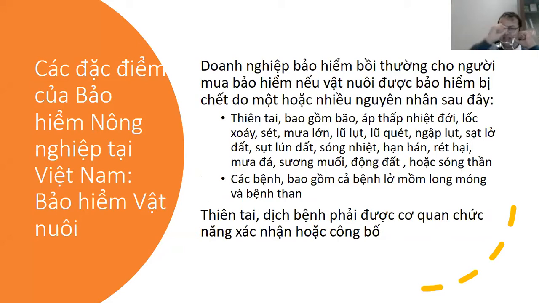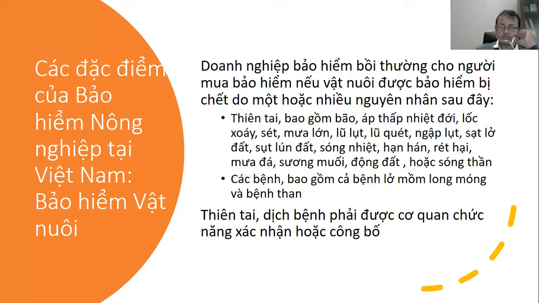So essentially, this insurance product compensates for livestock dying because of specific reasons. It's not actually covering death due to any reason, but very specific reasons. What are these reasons? It's both natural disasters as well as diseases.